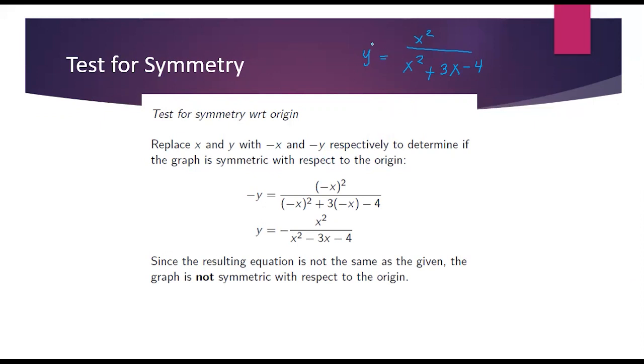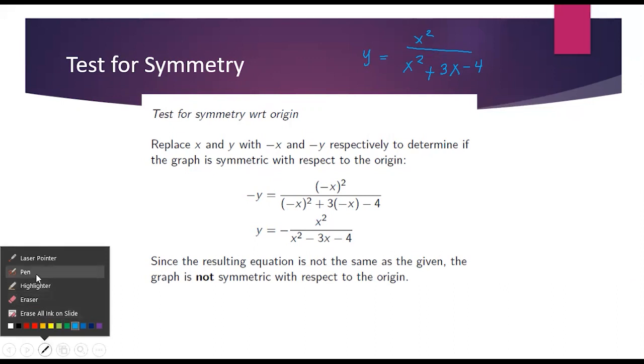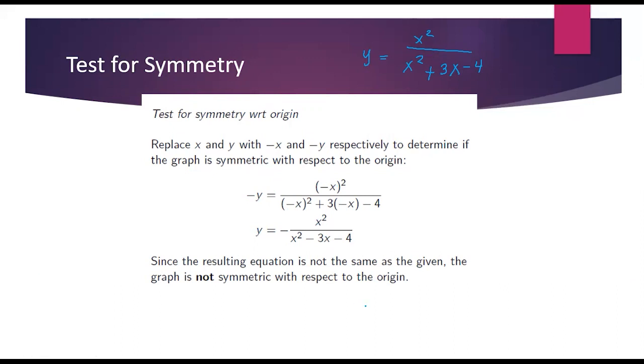Changing this to negative y, and replacing x with negative x, you have this. Simplifying further, this gives you y is equal to negative of x squared over x squared minus 3x minus 4. You compare the original with the obtained equation. Since these two are not equal, this is not symmetric with respect to the origin.